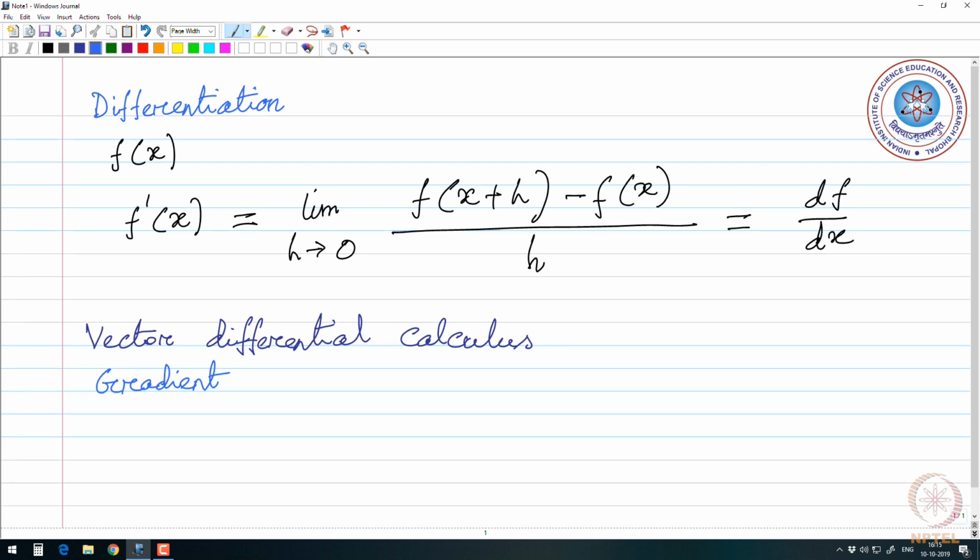Let's consider we have a scalar field t, and that is a function of x, y and z in a three-dimensional Cartesian coordinate system.